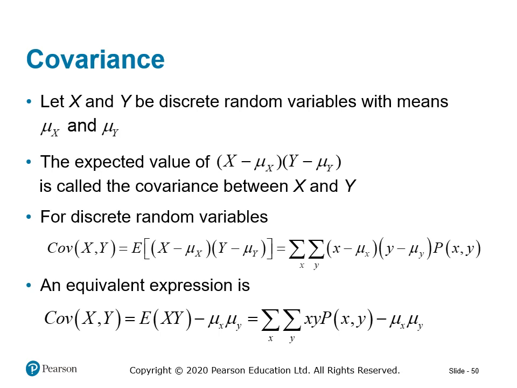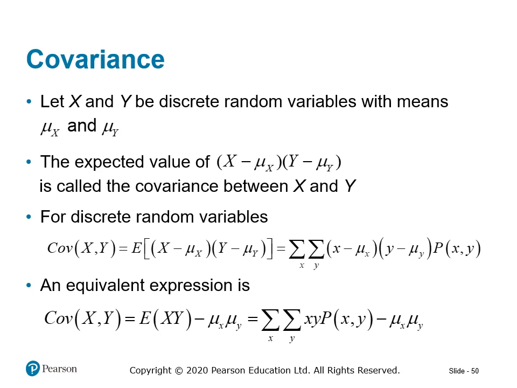For our discrete random variables, we can do it with summations: the sum of all my x's minus mu x times all my y's minus mu y times the joint probability of little x and little y.